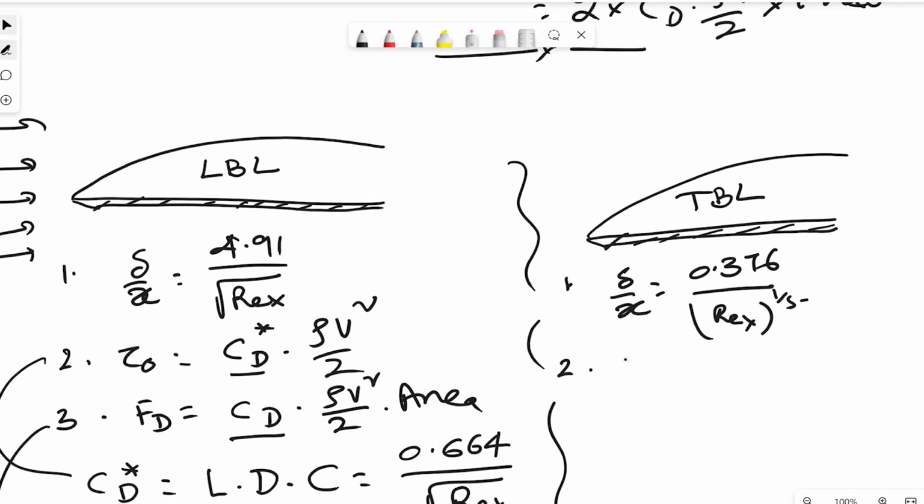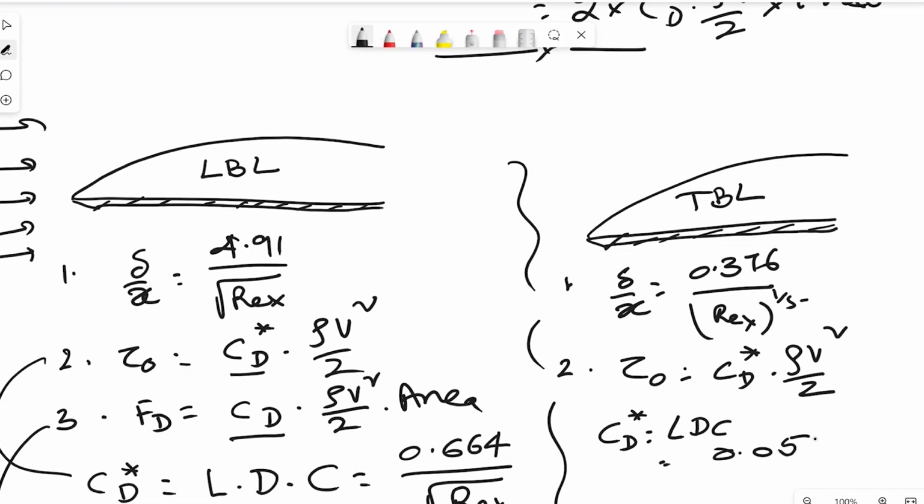The second one, shear stress tau naught is equal to CD star into rho V square by 2, where CD star is the local drag coefficient, equal to 0.059 divided by Rex to the power of 1 by 5.